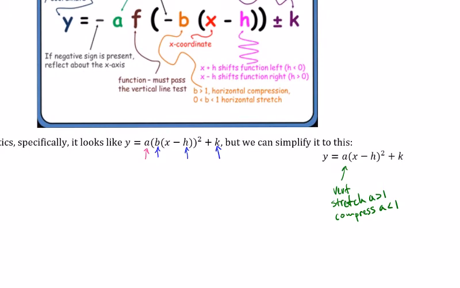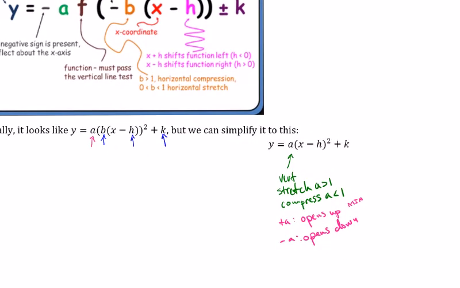If A is positive, it opens up, and negative A means it opens down. Right, and it also tells you max or min, right? Opens up means there's a min, and opens down means there's a max. All right. Okay.